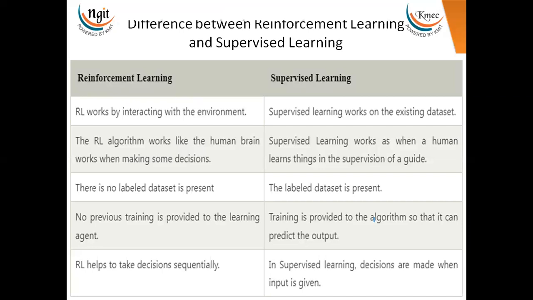Now, is there any difference between reinforcement learning and supervised learning? Yes. In reinforcement learning, we are not using labeled data, but supervised learning needs a labeled data set. That is a basic difference. In reinforcement learning, the agent is continuously interacting with the environment. So it is learning through that interaction only, through that experience only, through the mistakes only.